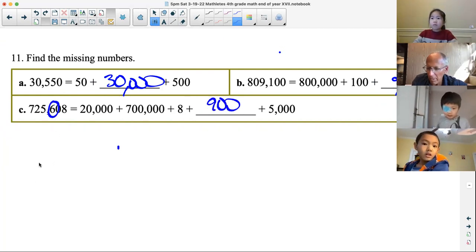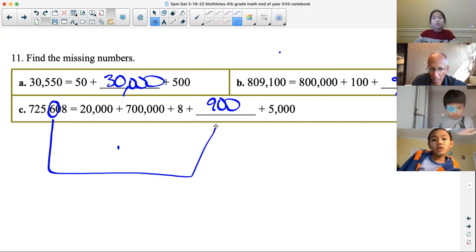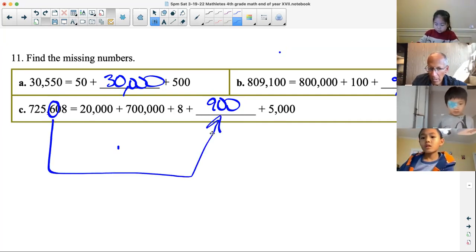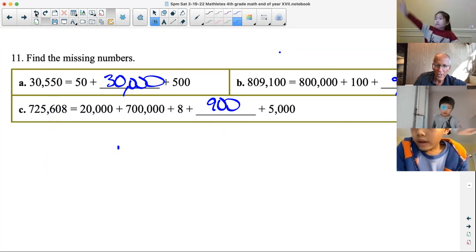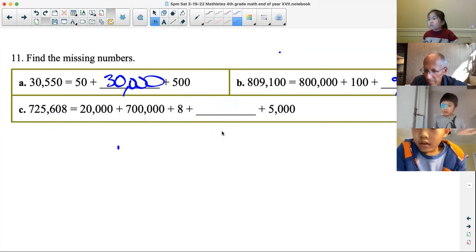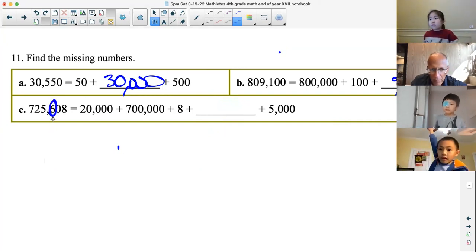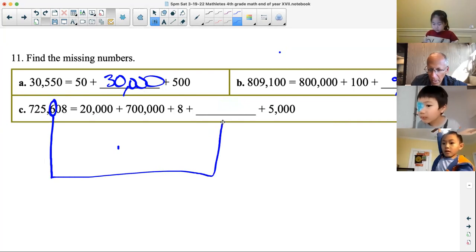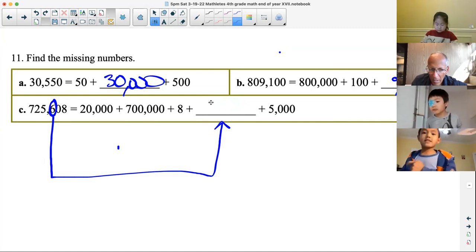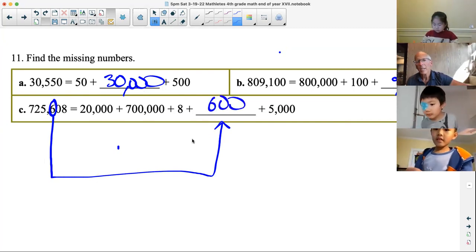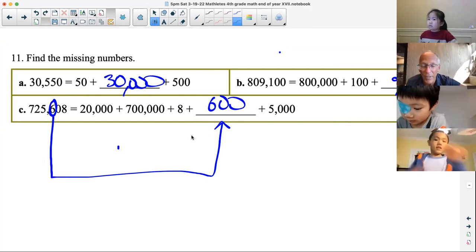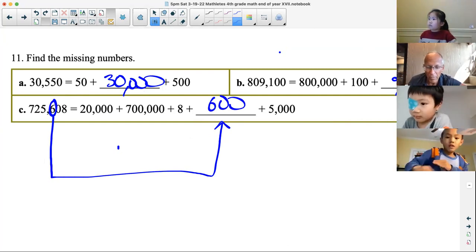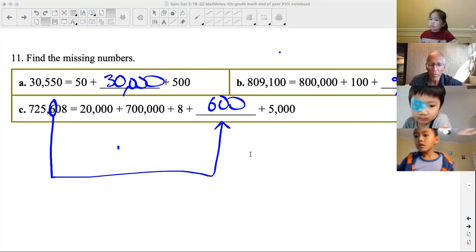Why would that be 900? Come on, Jason, what do you think, buddy? Go ahead, Jason B. 600. Of course. The 6 represents 600. And Jason E, I even circled it for you. So you've got to pay really good attention to what we're doing.